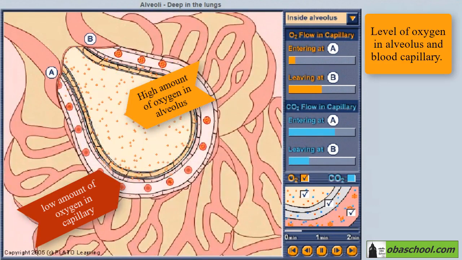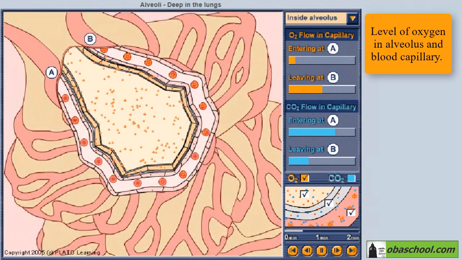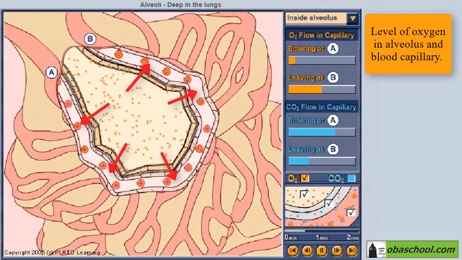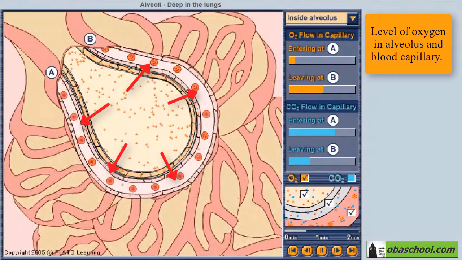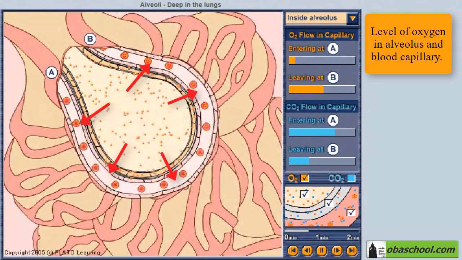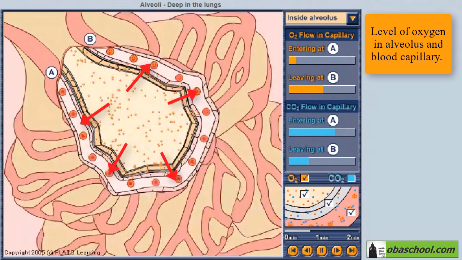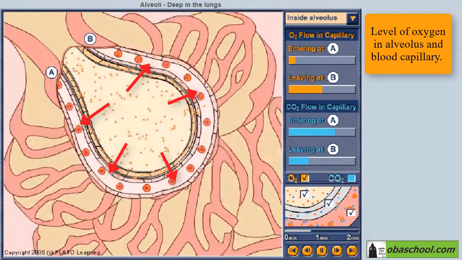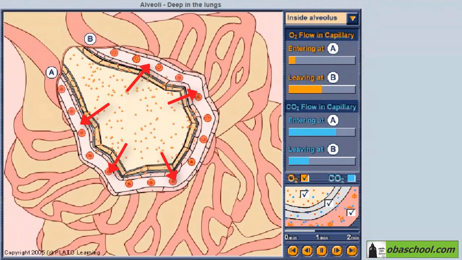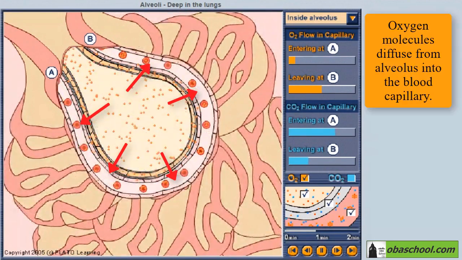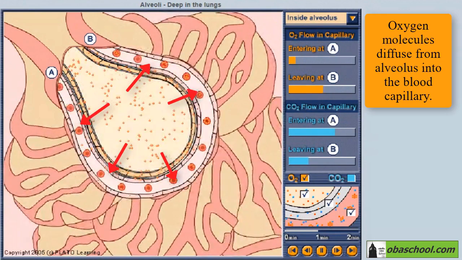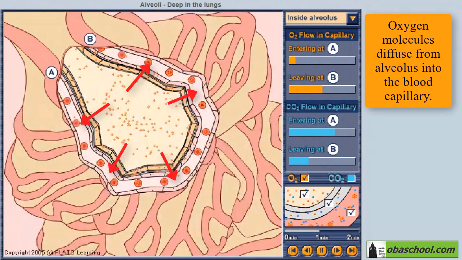In other words, the oxygen molecules, once they enter the alveolus, are going to diffuse into the blood capillary in such a way that the red blood cells are going to carry the oxygen molecules to different body cells. So we can say that the oxygen gas diffuses from the alveolus into the blood capillary.